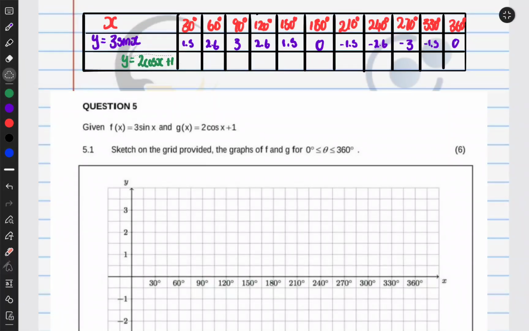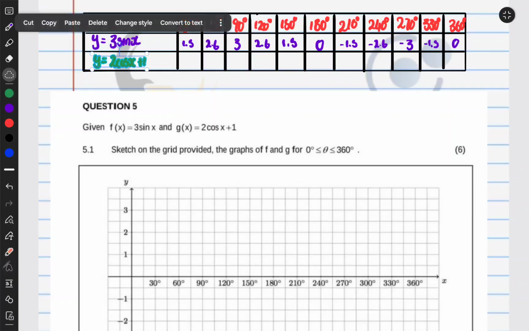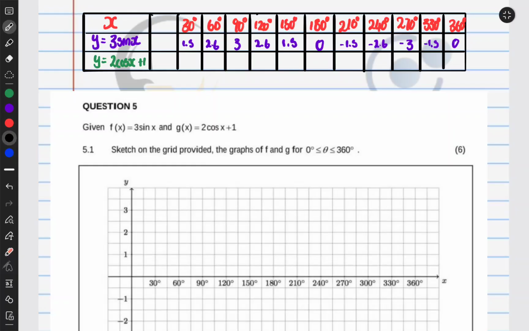Let's make space for 0. Didn't recognize that I didn't include it there. So at 0 degrees, 3 sine 0 is 0, and then let's go to 2 cos 0 plus 1, which is 3.